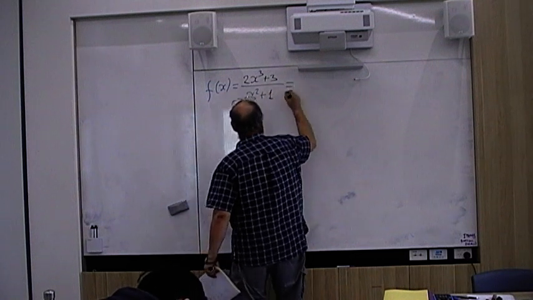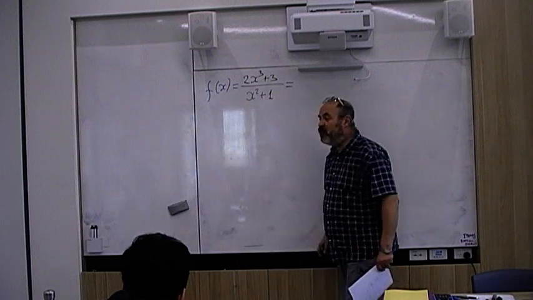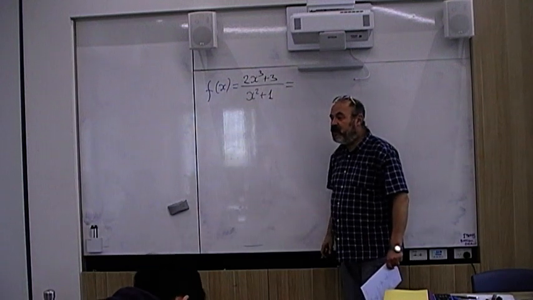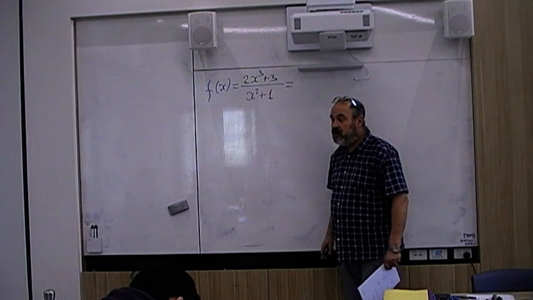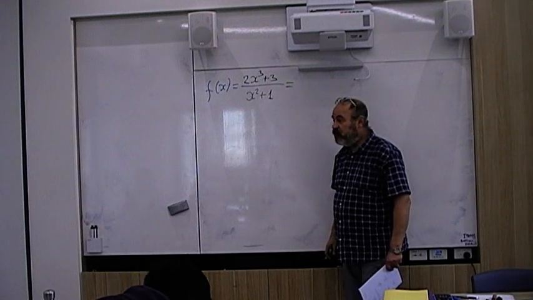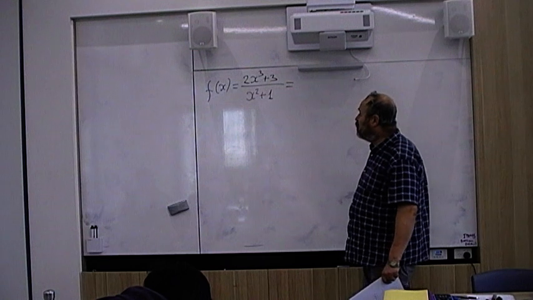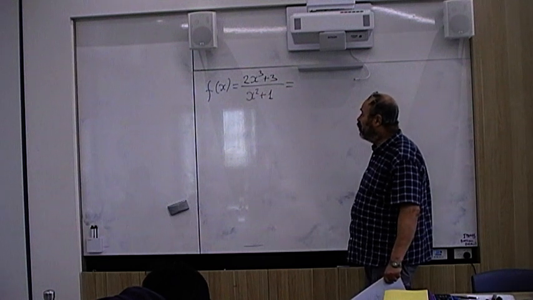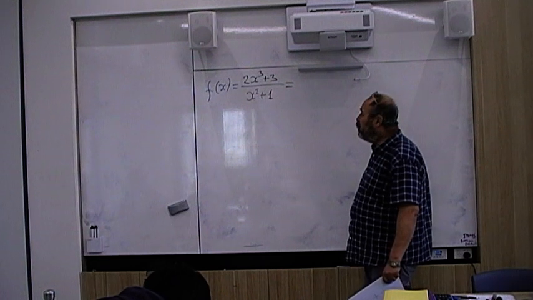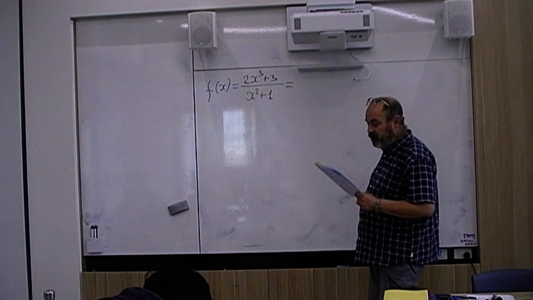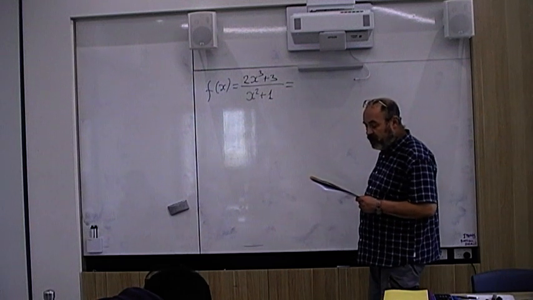So first step, we need to do what? We can divide the numerator by the denominator. It will be pretty simple to divide.